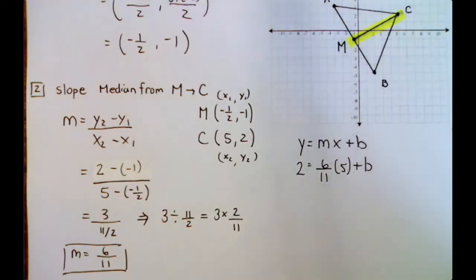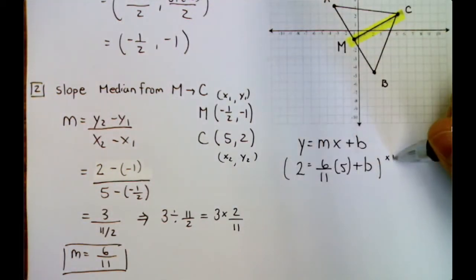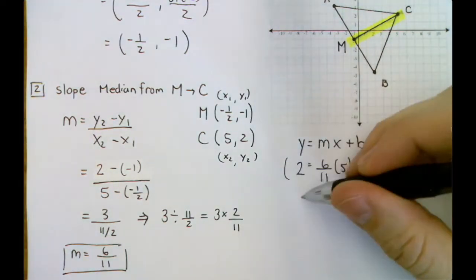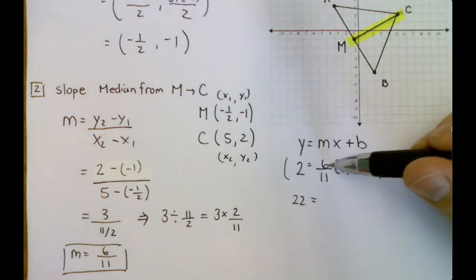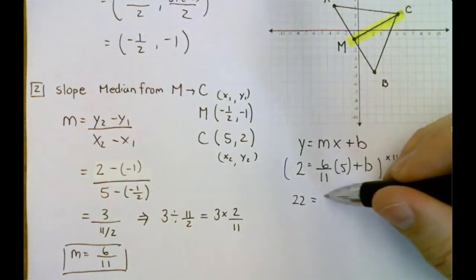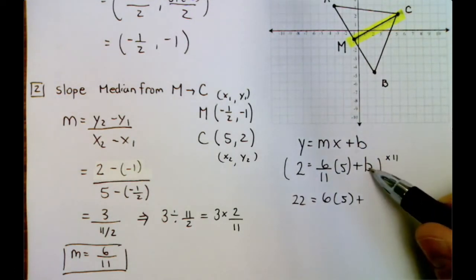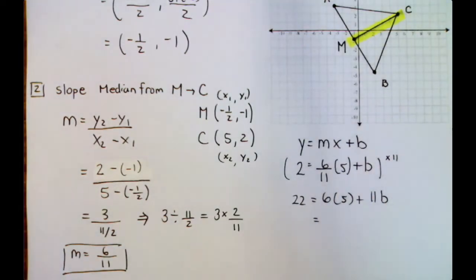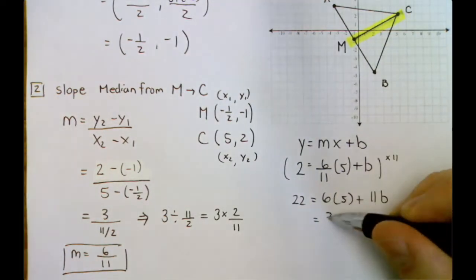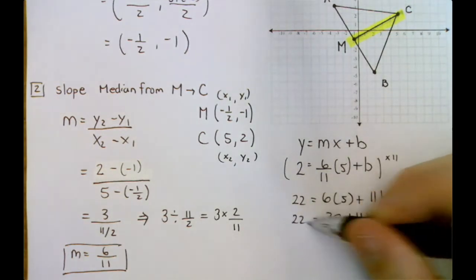We don't know b. We have a fraction in our equation, and if we don't want to work with it, multiply the whole thing by 11. We get 22, 2 times 11. 6 over 11 times 11 is 6 times 5, plus b times 11 is 11b. We do a little bit of math here. 6 times 5 is 30 plus 11b is 22.